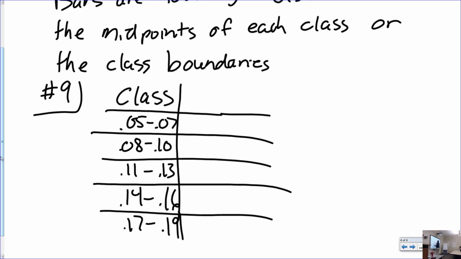Now, these things all have a frequency. 12, 15, 14, 15, 14, whatever. Now, first off, what are their midpoints?